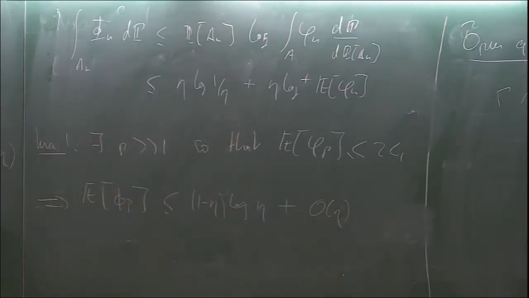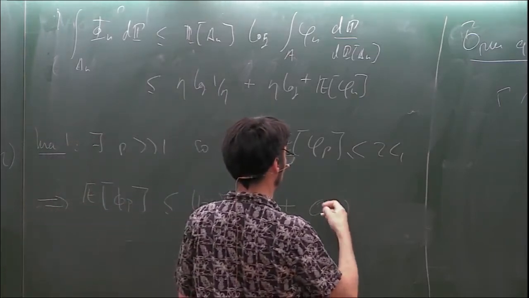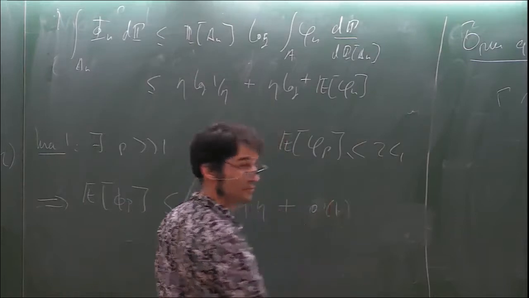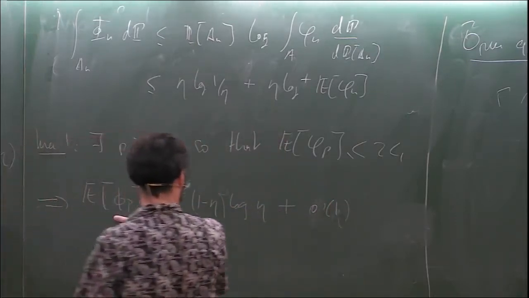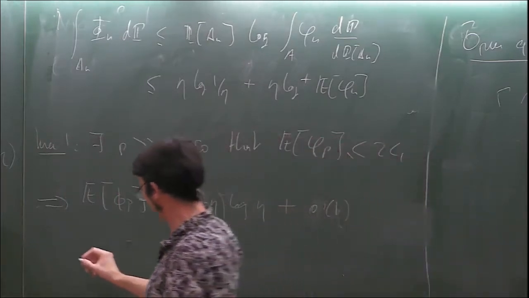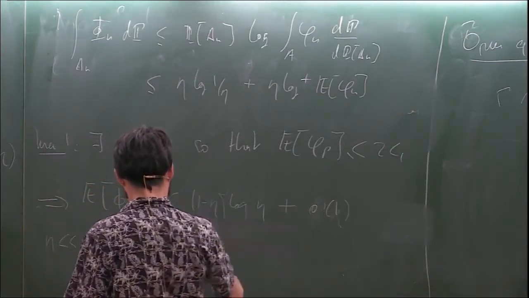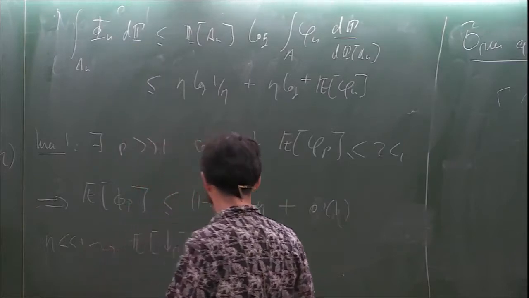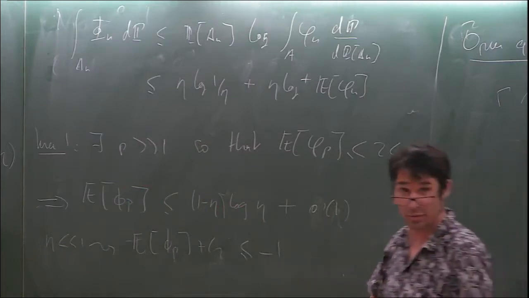Or big O of 1, I don't care. No, it's not eta, it's eta log eta. Little o of 1. And now, since this is as negative as I want if eta is small enough, pick eta small enough so that this thing plus C2 is at most minus 1. And then I'm done thanks to the subadditivity.